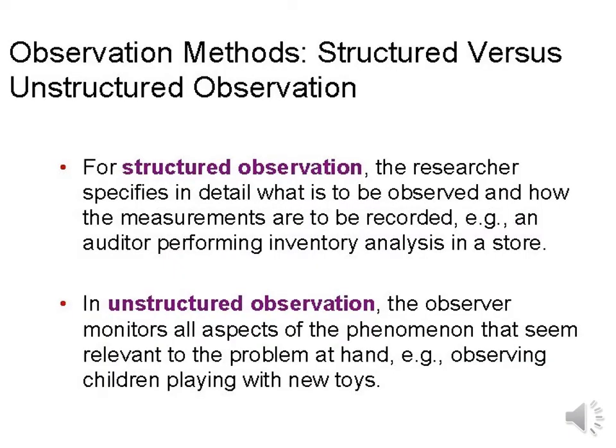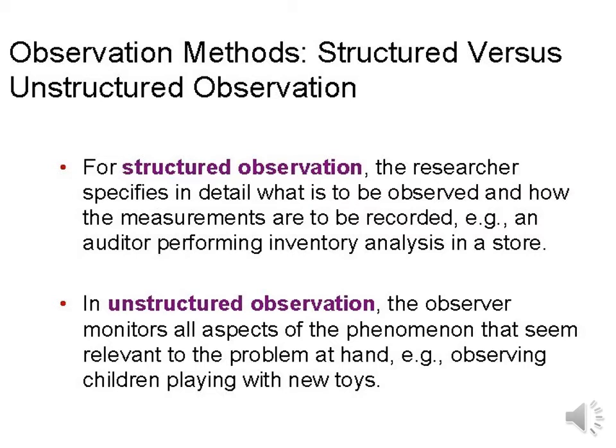Observation method, structured versus unstructured observation. Here we discuss in brief. When we talk about structured observation, the researcher specifies in detail what is to be observed and how the measurements are to be recorded.